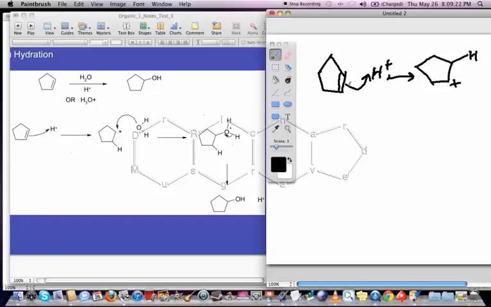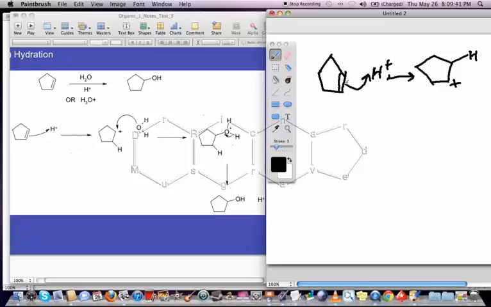The reason for that is because we have used two electrons from this CC bond to form a new bond between this C and this H. Effectively, we have taken one of the electrons that belonged to the C in this bond, has now been used to form a new bond with this H.